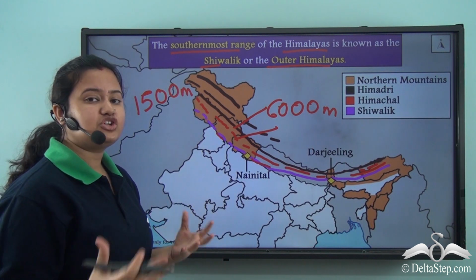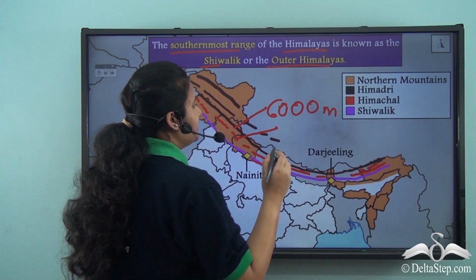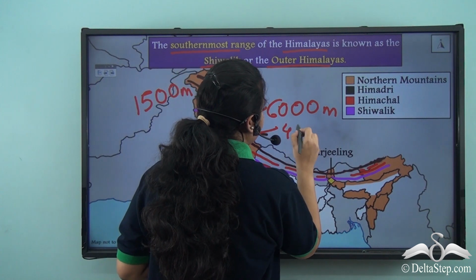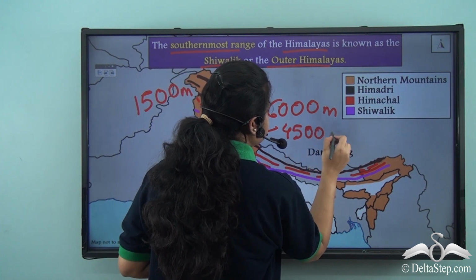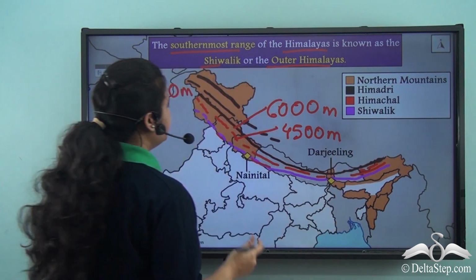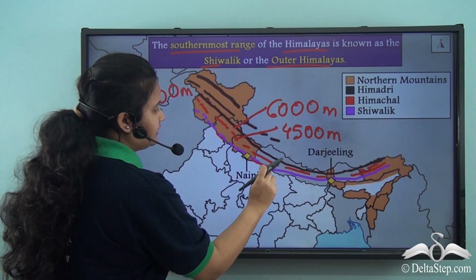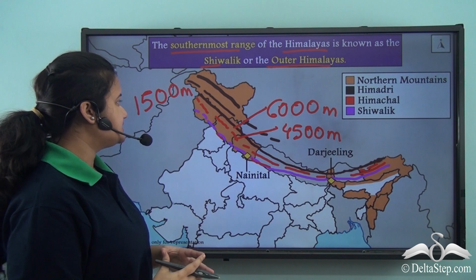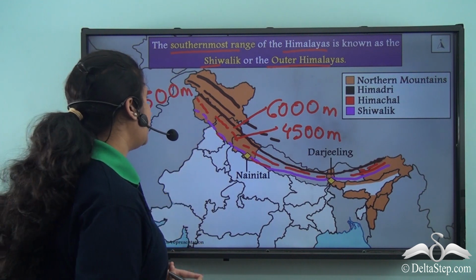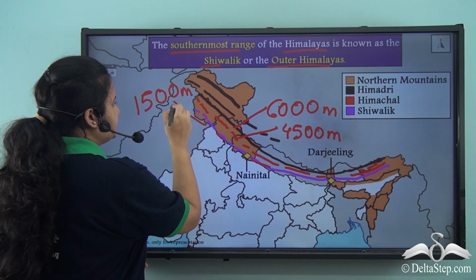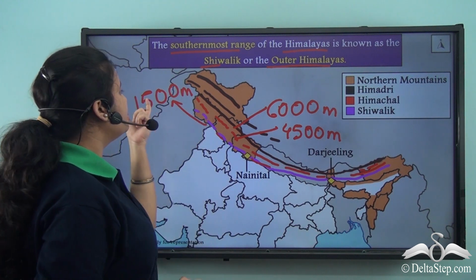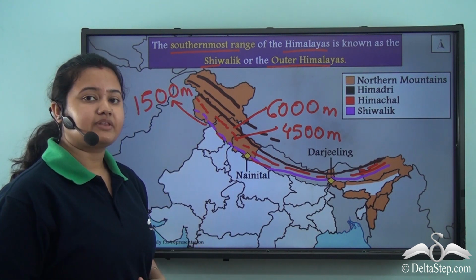The average elevation of the Himachal is about 400 meters. And thirdly, we have the Shivalik range to the extreme south of the Himalayas, and the average elevation of the Shivalik range is about 1500 meters.